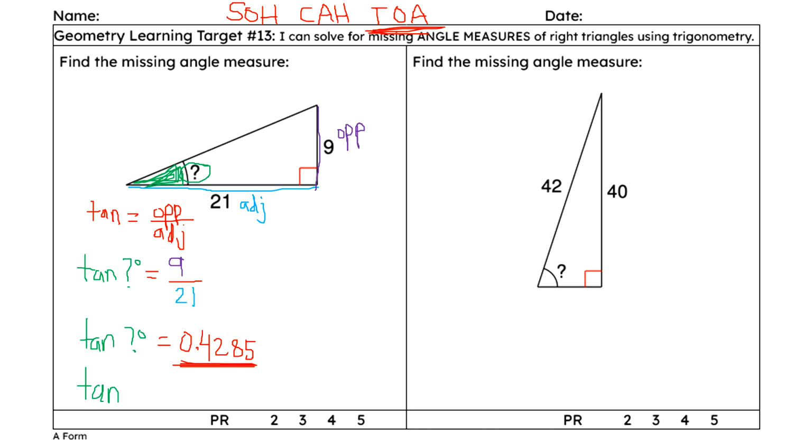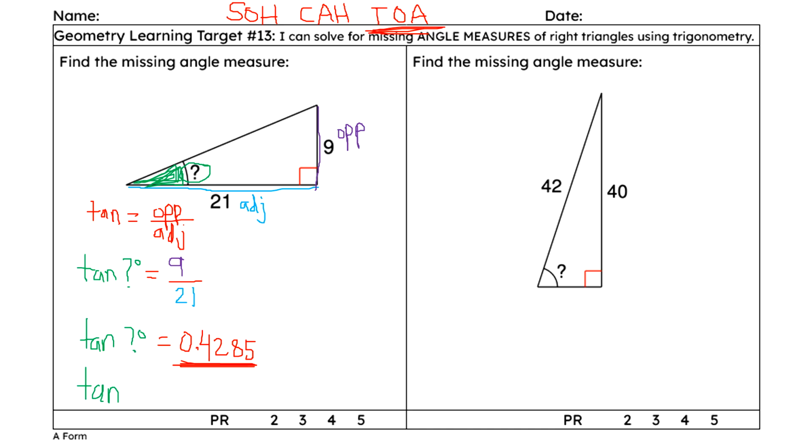All right, starting at 1 degree, that's 0.0175. That's not even close. I see my ratios are getting bigger as I go down. I want to get to 0.4285. All right, I'm at 17 degrees and it's 0.3057. That's closer. I want 0.4285. I've got pretty darned close, not exact. If you look at 23 degrees down the tangent column, you get 0.4245.